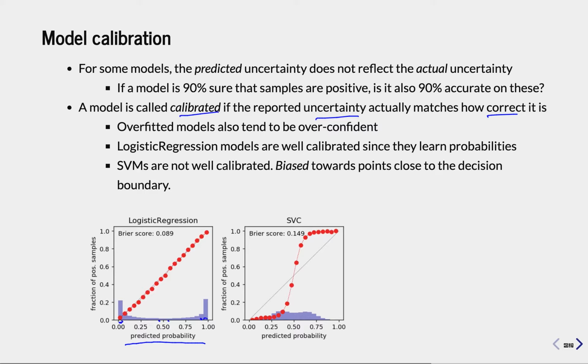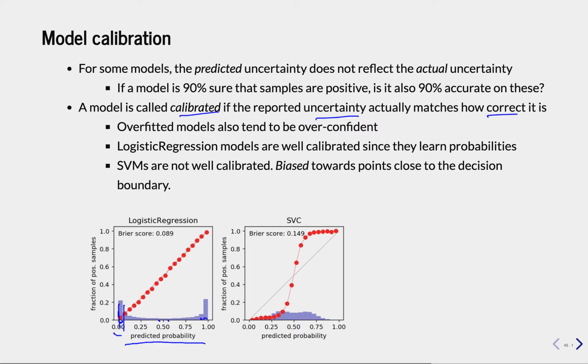And so then we divide that into bins, 20 bins, and for all the points here, we measure how many of these are actually positive. If we predict a low probability and there are actually few positive samples in this set, then that's a good estimate, right?